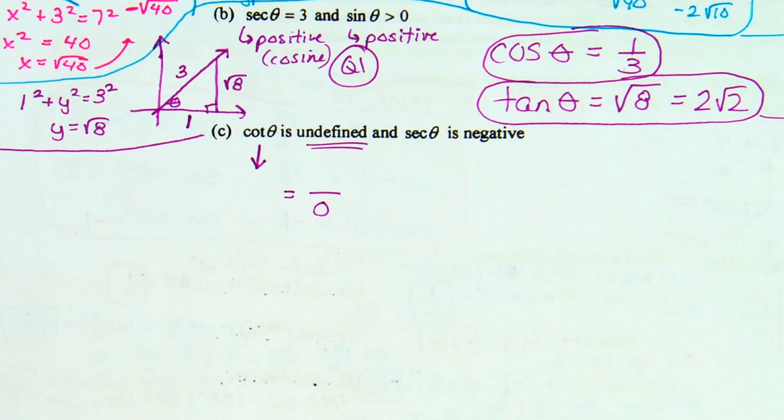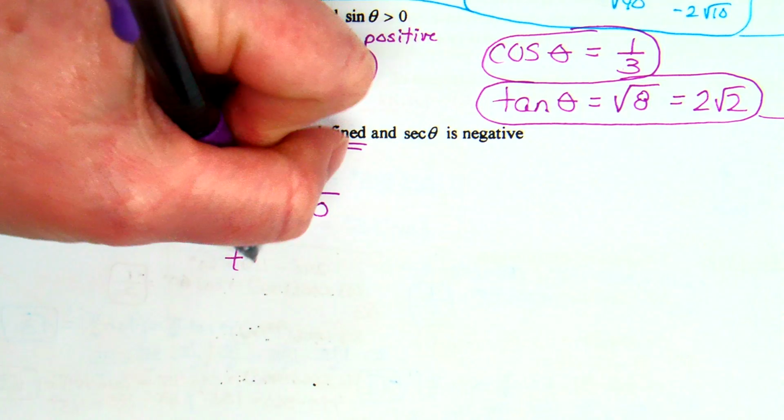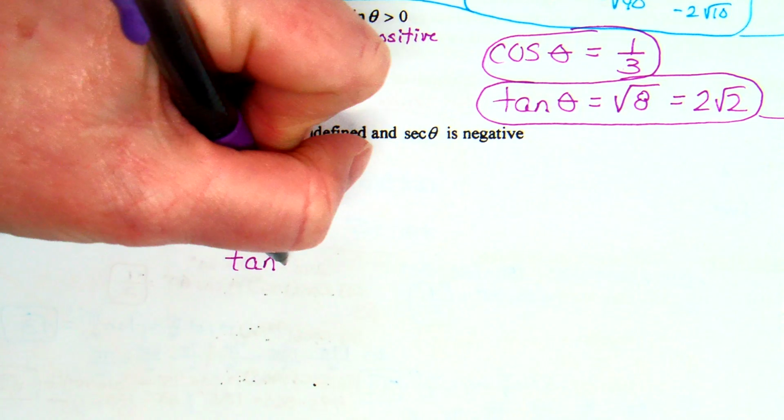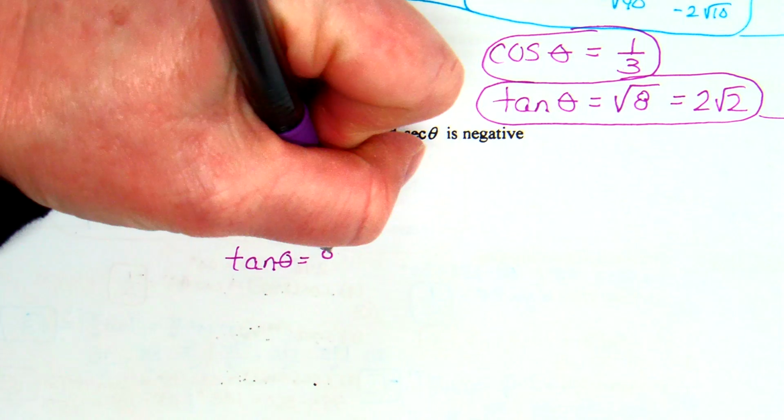Now, think about this. Let's reverse back to tangent. What do you know about tangent? In terms of what we talked about yesterday, in terms of our x's and y's. Sorry, let me specify better. Tangent is y over x. If tangent is y over x, what's cotangent? X over y.